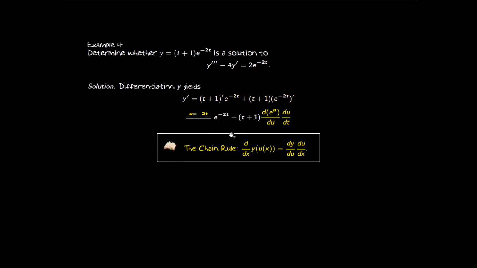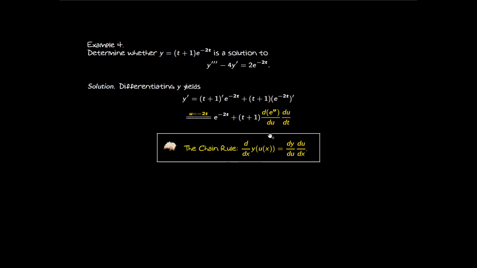And easily, we can figure out the first factor's derivative, which is going to be 1. For the second factor's derivative, we have to use the chain rule again, because e to the negative 2t is a composition of the exponential function and the negative 2t.